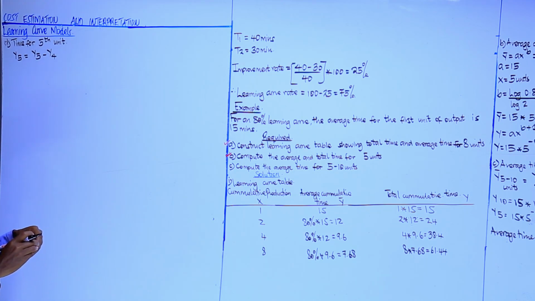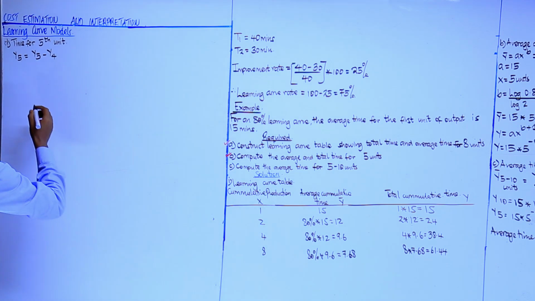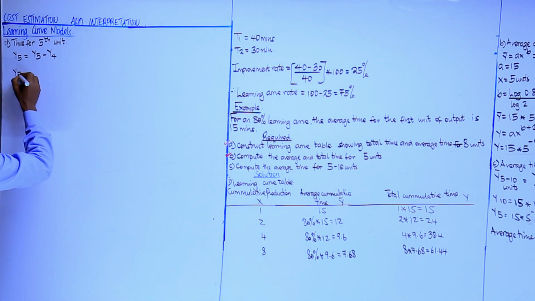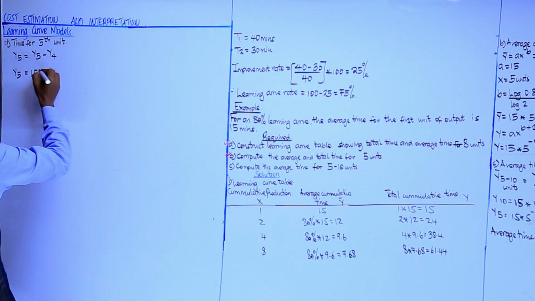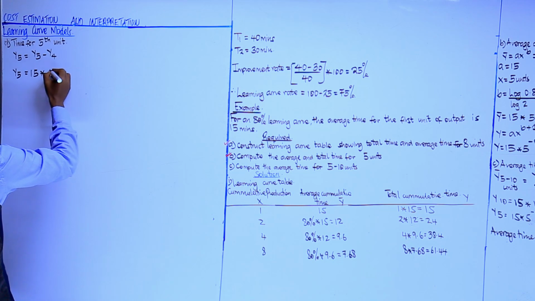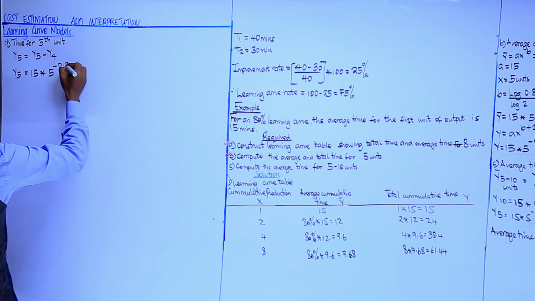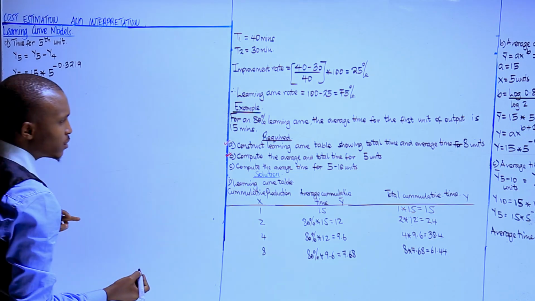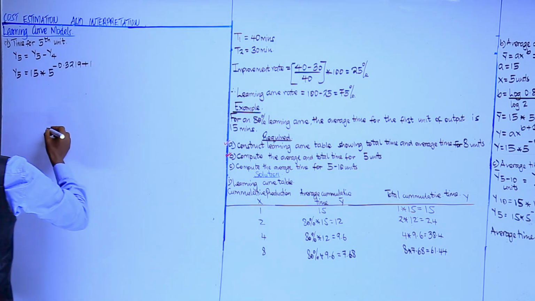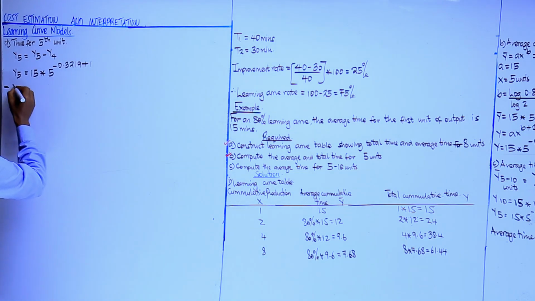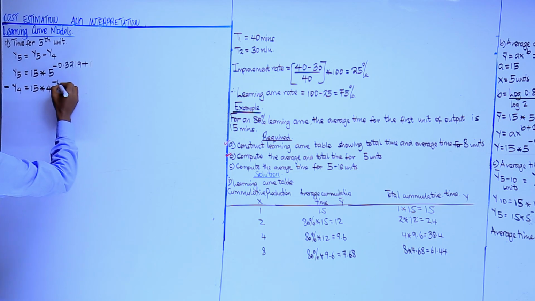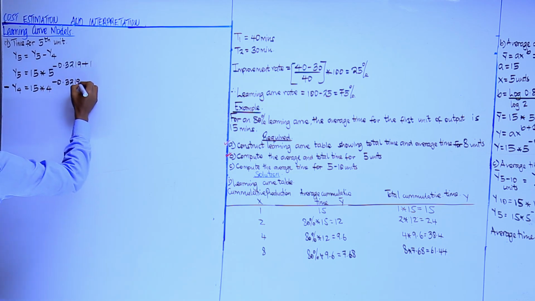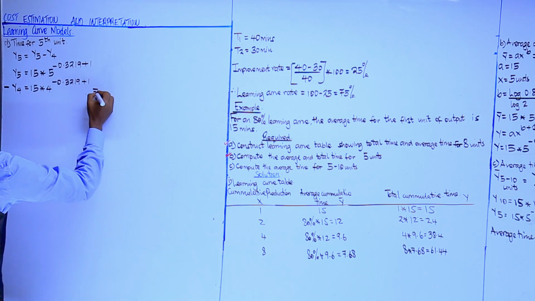So the 5th unit will be 15 times 5 raised to 0.3219 plus 1, minus the 4th unit. The time for the 4th unit is 15 times 4 raised to 0.3219 plus 1.